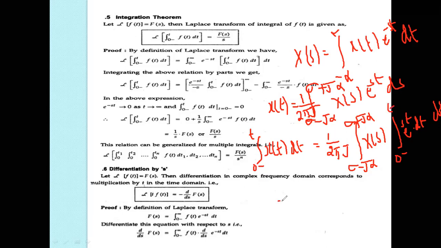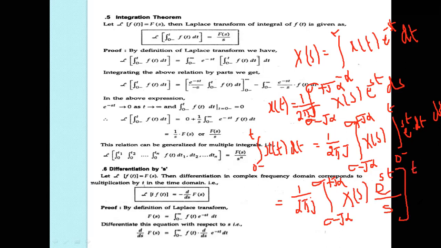Got it? It is equal to 1 by 2 pi j integral sigma minus j infinite to sigma plus j infinite X of s. What is the integral here? E power st integral is e power st by s, with the limits t and 0 minus, into ds.